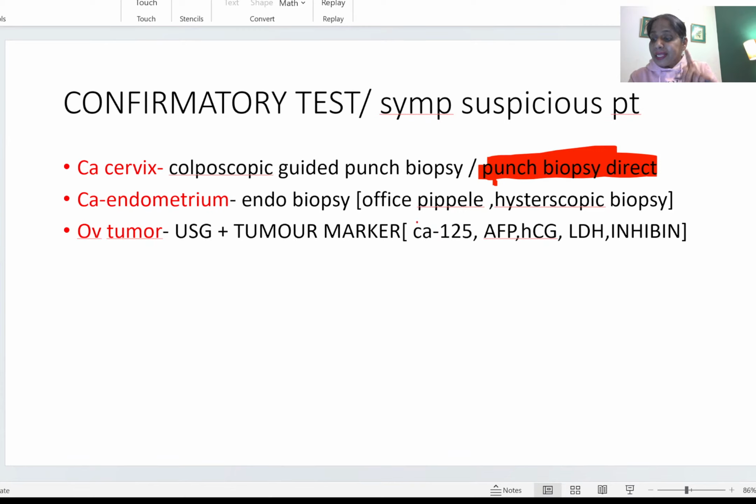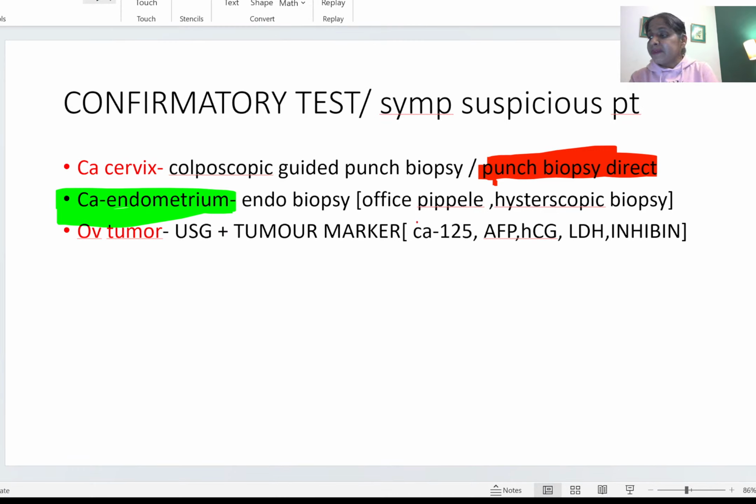Okay, in the case of CA endometrium, let's talk about CA endometrium. What is the confirmative test? Please tell me what is the confirmative test in the case of CA endometrium? Endometrial biopsy. Okay, we take the endometrium biopsy and send it to the pathologist.